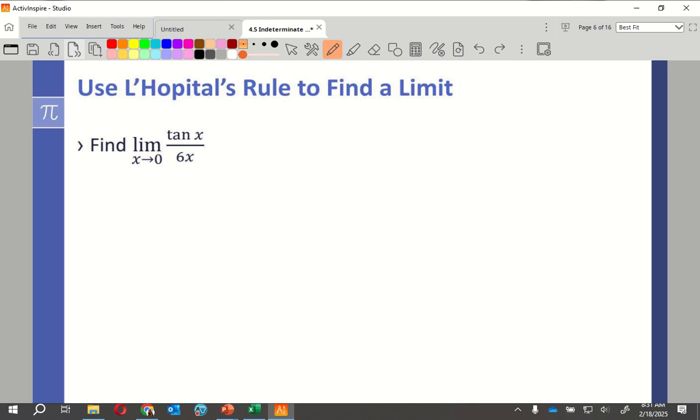So we have to check to see if this is indeterminate. Find the limit. My c value is 0 now, so let's plug in 0. Imagine the unit circle right now. 0 is on the right hand side, isn't it? What does tangent represent?